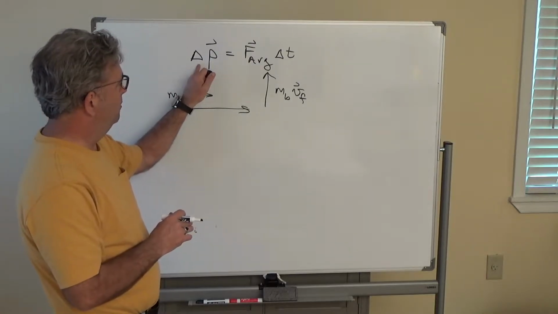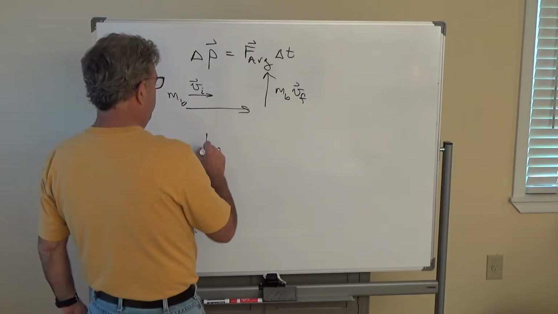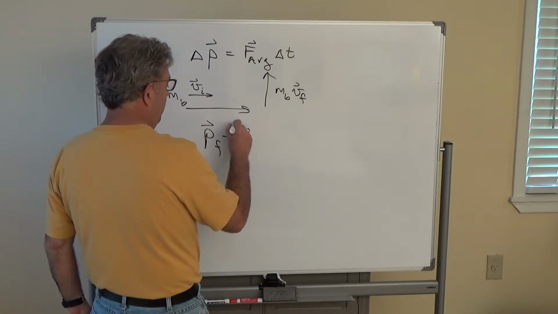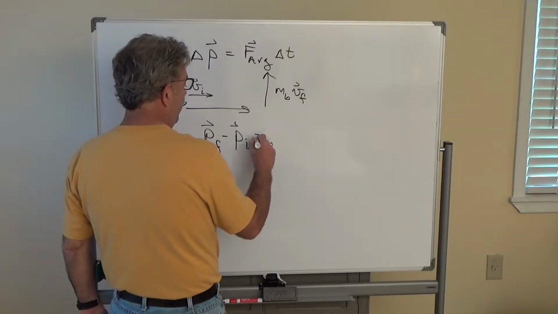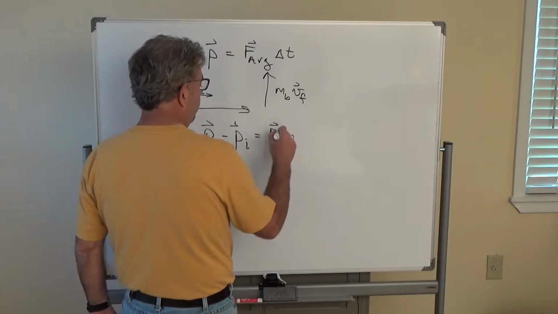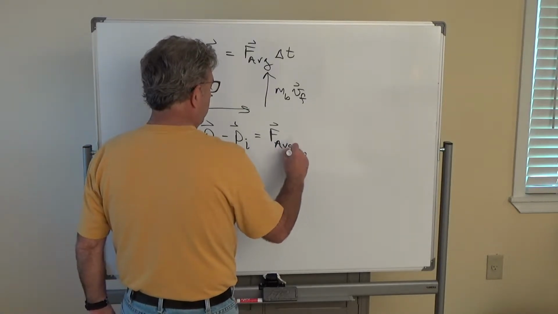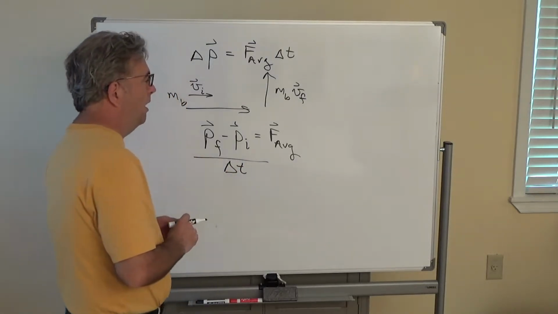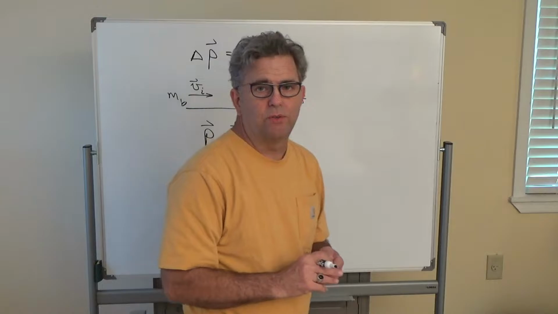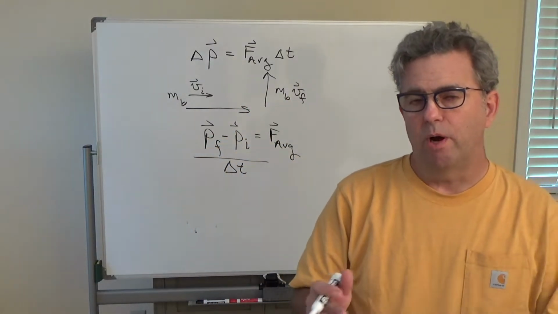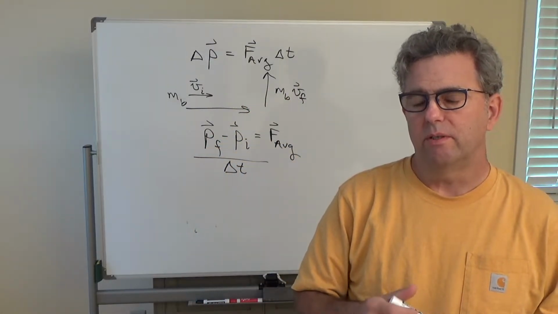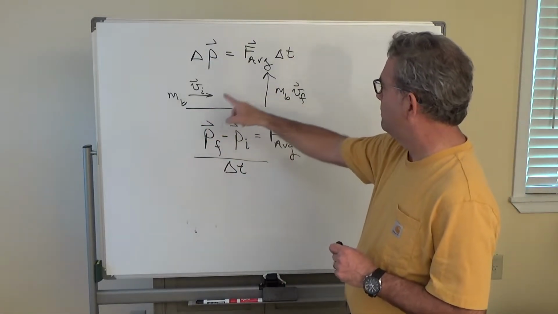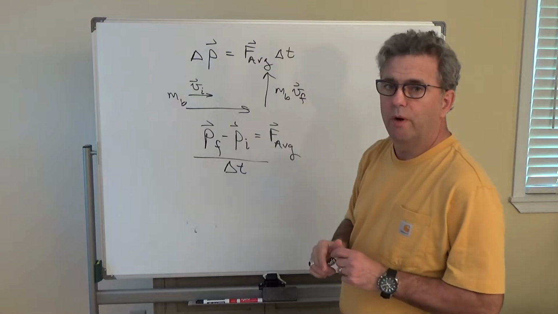So it's a pop-up, and that's the final velocity. So you take delta P, which is P final minus P initial, remember these are vectors, and that's going to equal F average, and you have to divide this by delta T. Okay? So you're going to get an answer that has an X component and a Y component, obviously. I think that's obvious. That change in momentum is going to be along here somewhere.